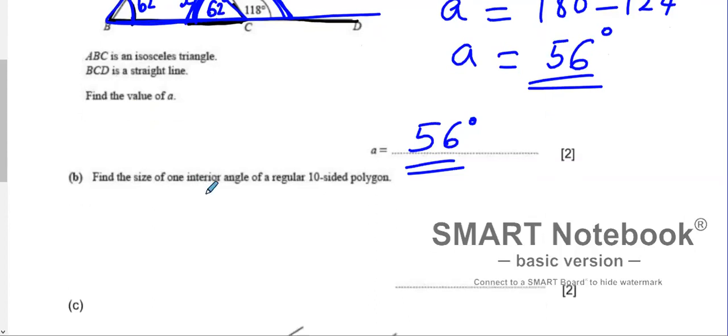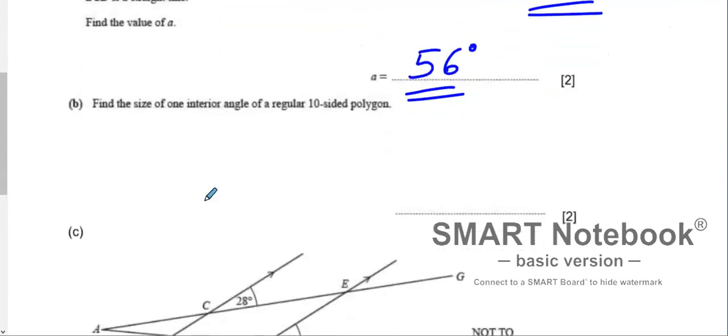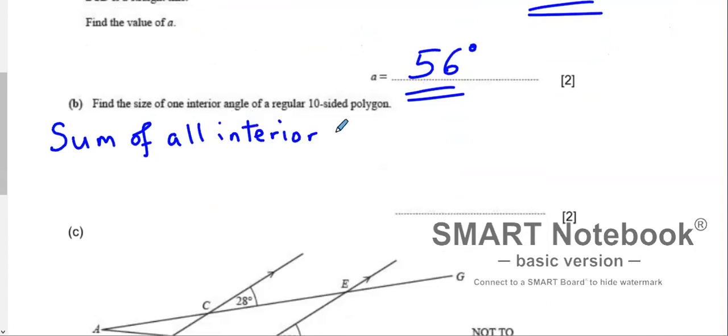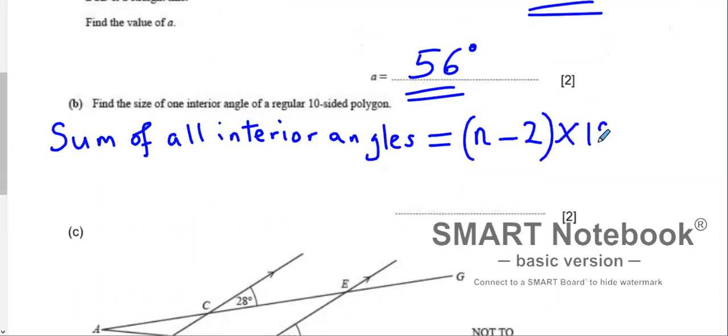All right, so there's this formula which says the sum of all interior angles in any shape equals the number of sides of that shape minus 2, multiplied by 180 degrees. This is the formula.